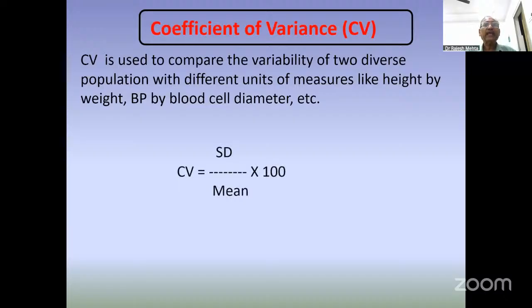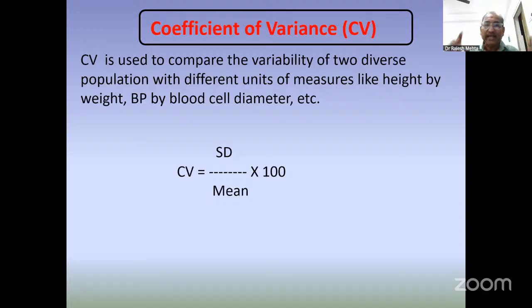Now, most of the time, people are not using this coefficient of variation. But I would request that whenever you are comparing two things, definitely try to use the coefficient of variation. This is essentially because of the standard deviation and the mean, the coefficient of variance tells how far it is varying.